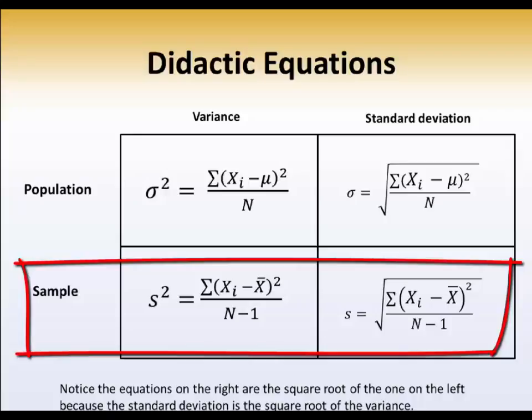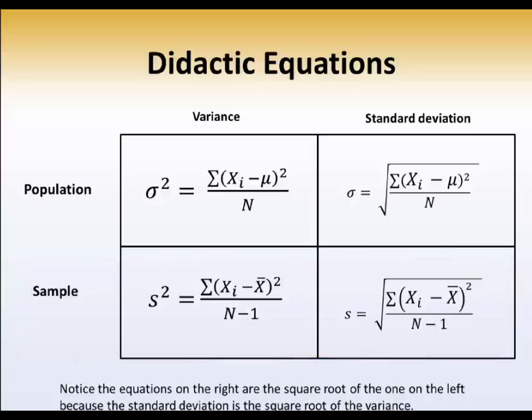Notice that instead of having sigma squared, we have s for standard deviation. And notice that you're subtracting the mean of the sample, x bar, from every score in the observation, squaring it, and then dividing that sum by n minus 1. For the standard deviation, it's the same thing, except you take the square root of it.